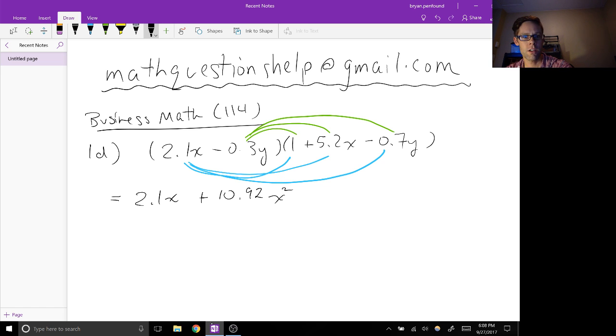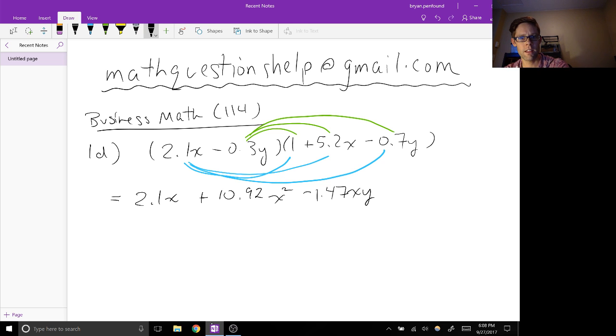And then third here is 2.1 times 0.7. It's going to give me a negative 1.47. And then we'll take a peek at the variable portion. So x times y gives me an xy. So there's our first 3 terms represented by our blue arcs.